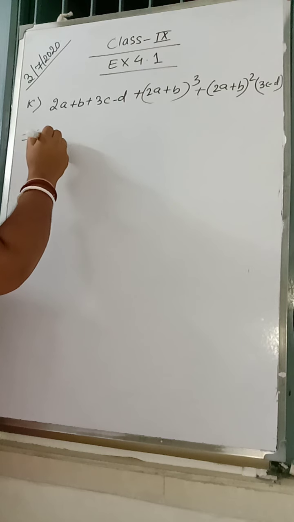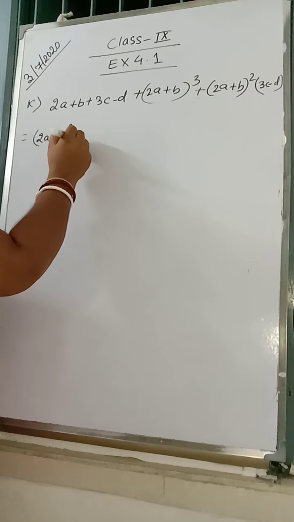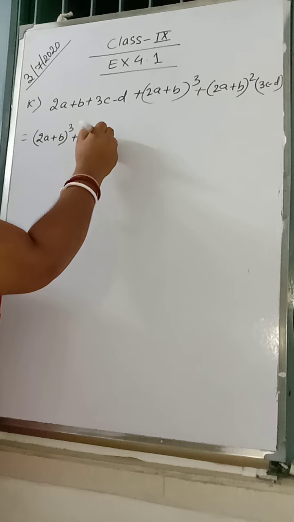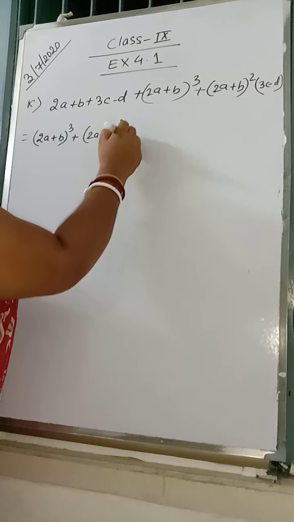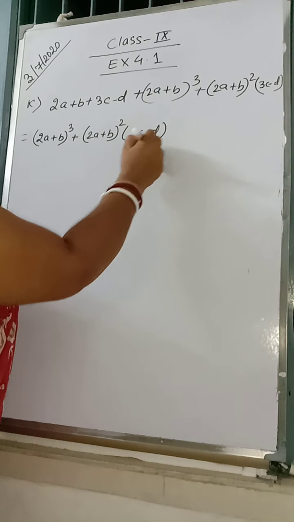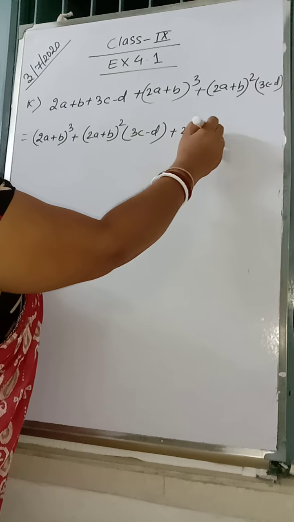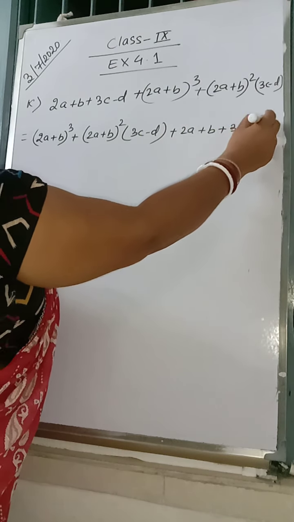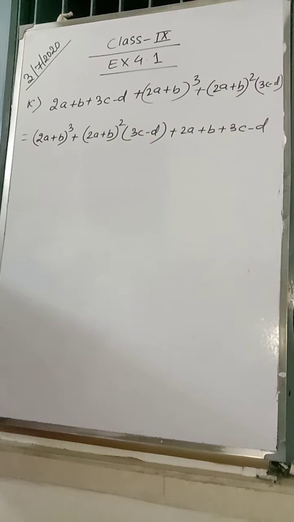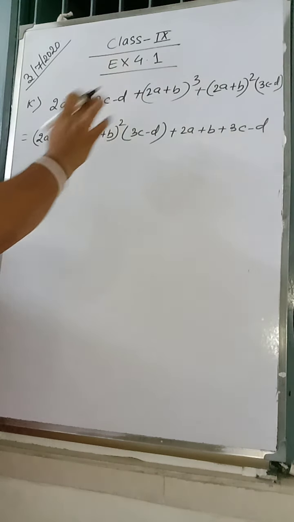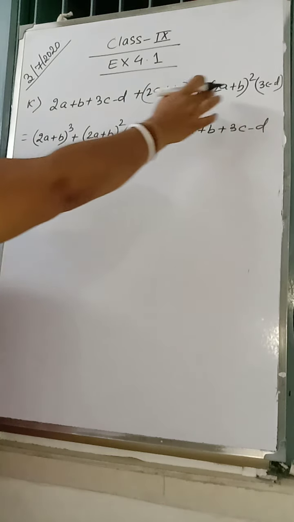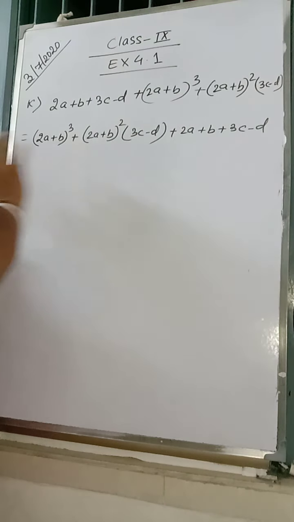What I am going to do is arrange this question according to its degree. So first comes 2A plus B whole cube plus 2A plus B whole square into 3C minus D. Then comes plus 2A plus B plus 3C minus D. I have just arranged it, nothing else. It has 3, so it's written first, then 2 second, then the rest, according to the degree.